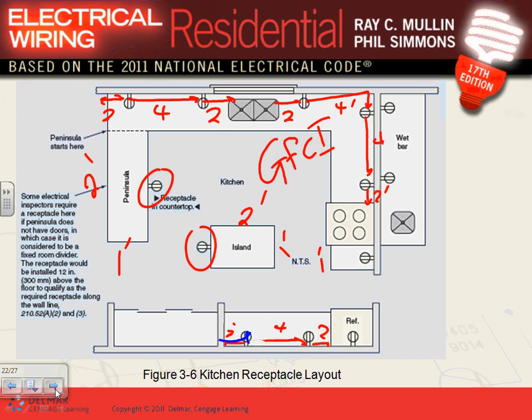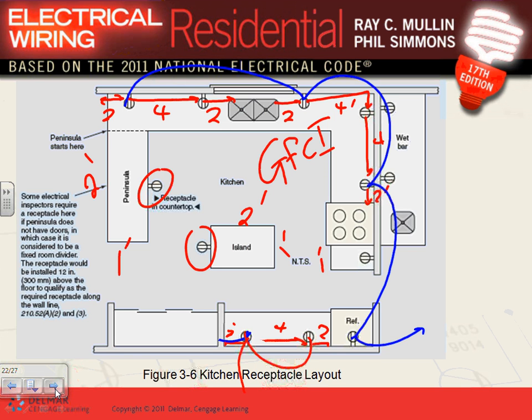Let's see. I'm going to start with the fridge. I'm going to tell you why I'm going to start with the fridge with my home run. Here's my fridge, and I'm going to feed 1, 2, 3. This is circuit number 1. Circuit number 2, I'm going to start here.